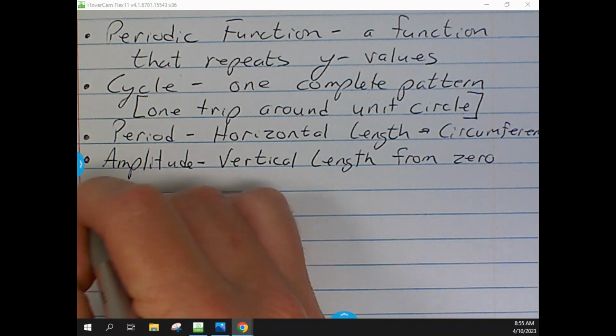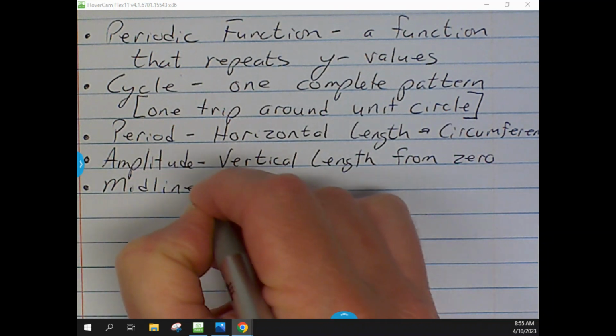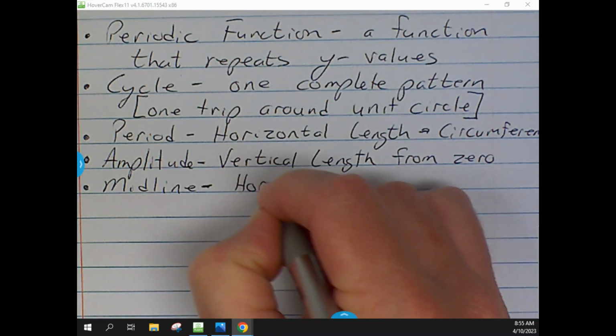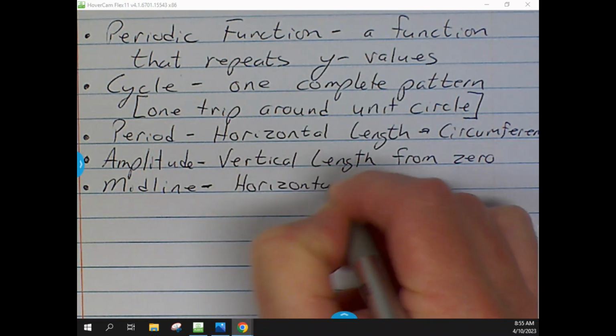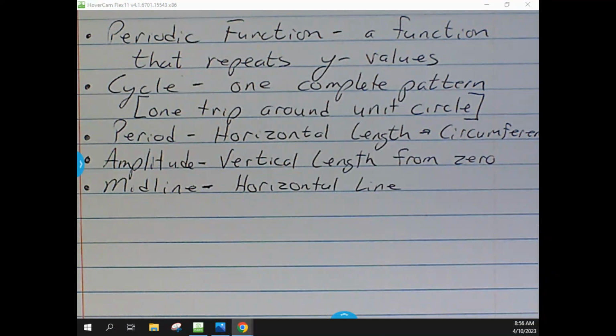Okay, and then the last thing, which we don't talk about a whole lot, is the midline. Basically, that's a horizontal line that is halfway between your max and min values.